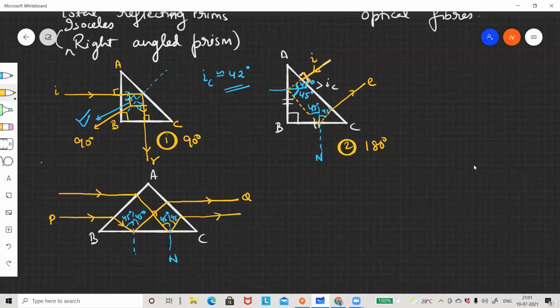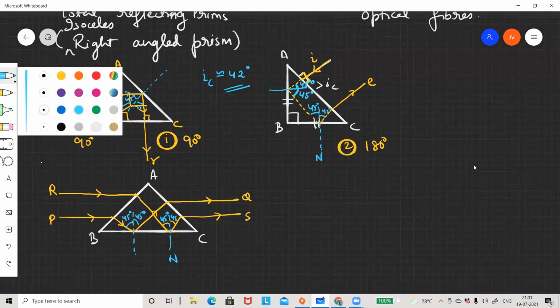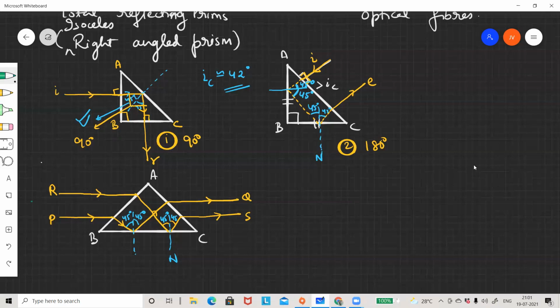And this is the emergent ray. Say the next incident ray is R, and this is S. In the process, say the object is erect, its inverted image forms on the other side. So this is how prisms are used for total internal reflection.